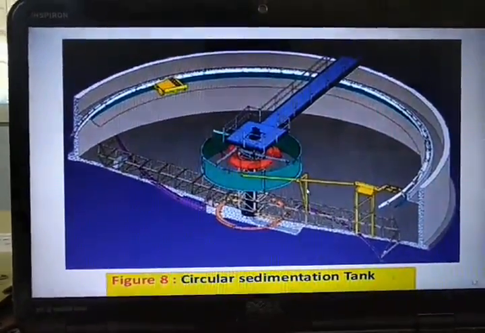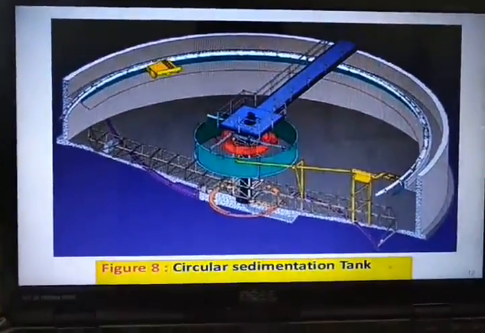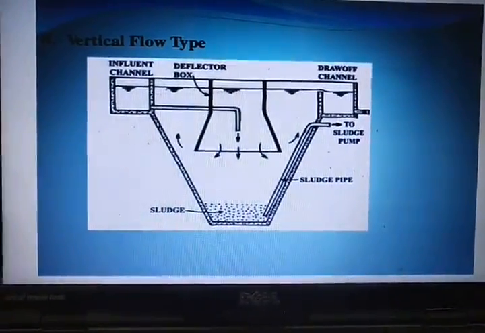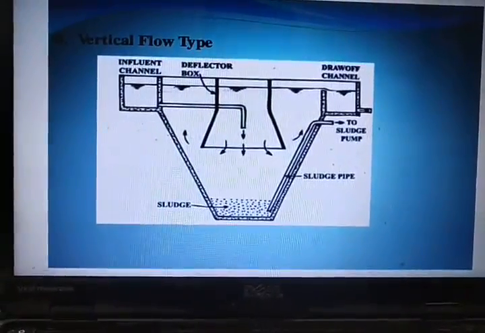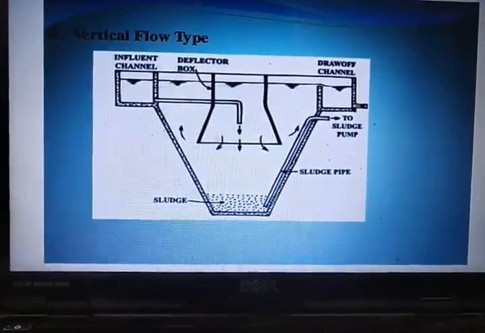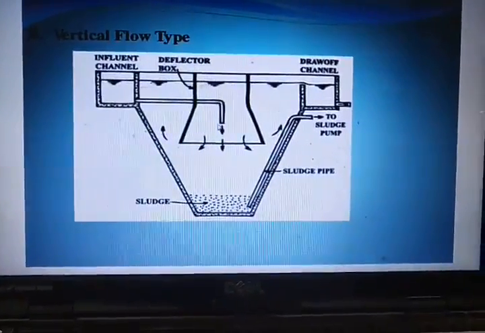So this is the section of a circular sedimentation tank, okay, and this is a vertical type of sedimentation tank, or it is also a hopper bottom type. So this type of bottom if you provide, then we call it hopper bottom type, okay.